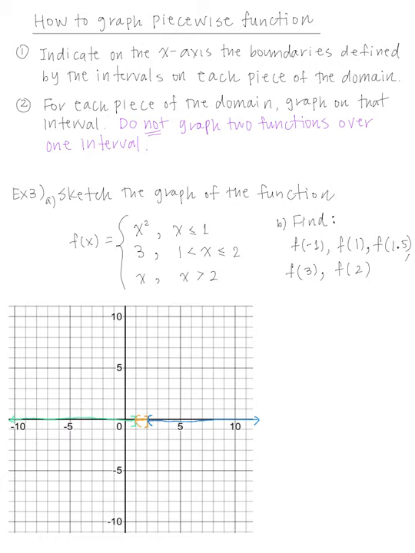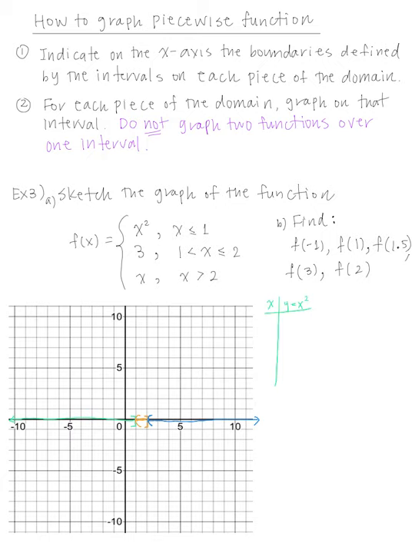So if you don't know what the graph looks like, you can always make a chart. Okay, so let's go with x and then y equals x squared. Now remember, you only want to draw the graph on that certain interval. So where is the interval defined from where to where?